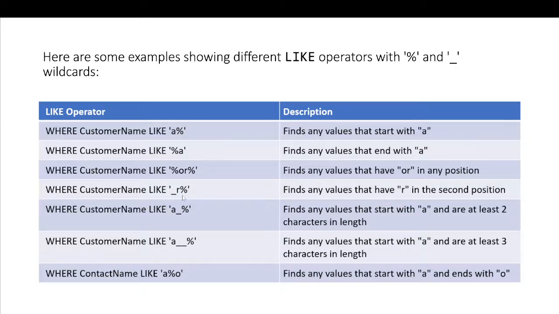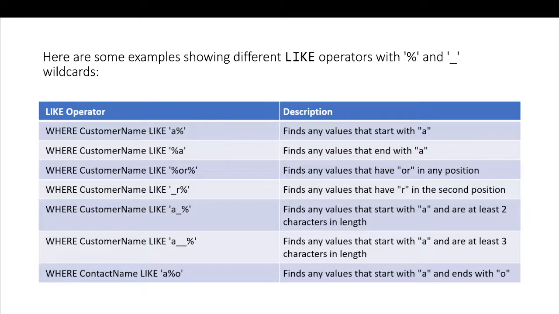And here, starting with A, customer name, and one underscore, and percentage. So it will find a value starting with A and at least two letters in length.